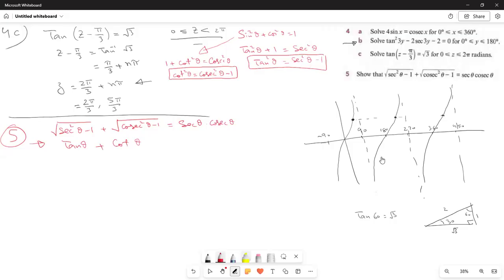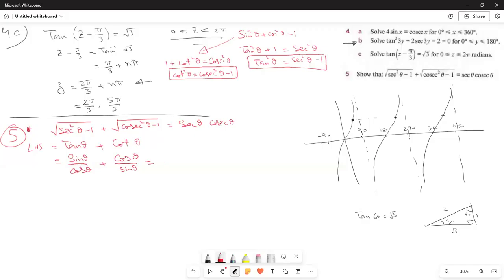Right? Okay, I should start properly. This is the left hand side, which is equal to this. I should start from one step before. Anyway, I can write tangent as sine theta over cos theta plus cos theta over sine theta.